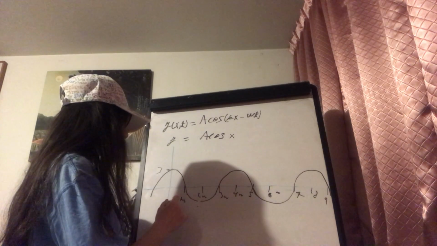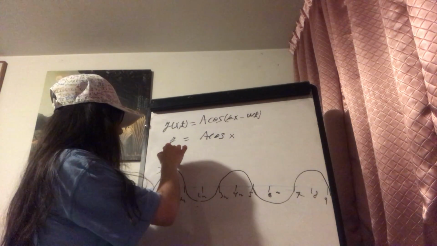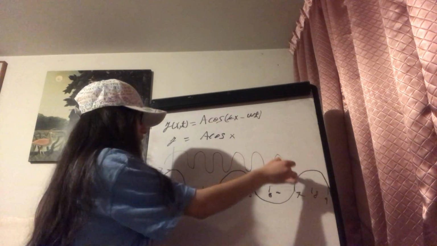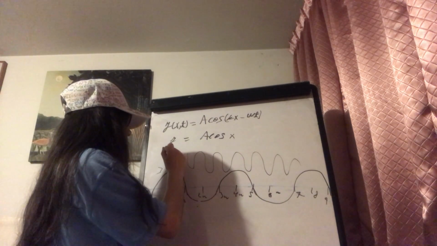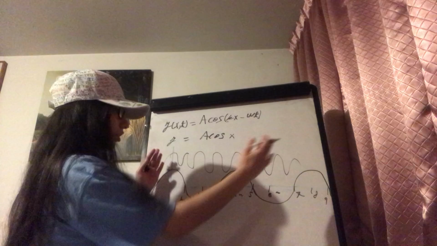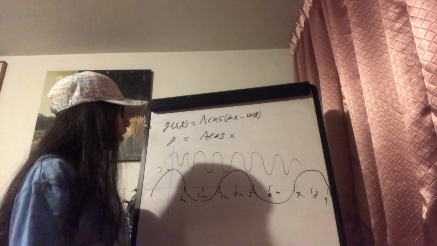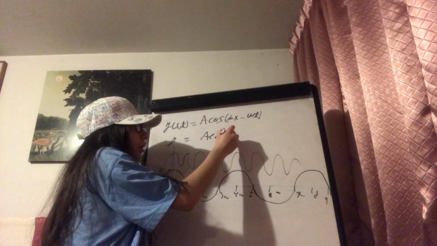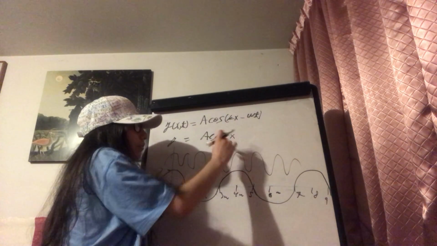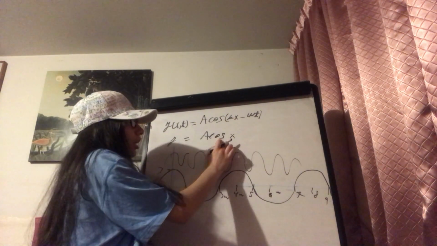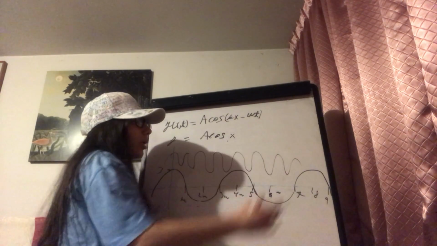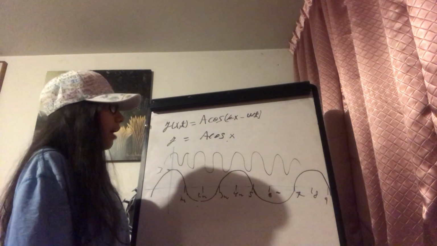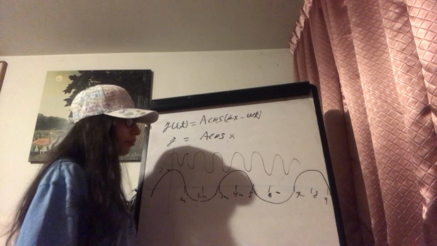I have something like this. So I compress this, so it would be a cosine of, here I would have a larger number. Like, if I compress this, that means that here I have cosine of, for example, 2x or 3x. If I expanded it, it would be a cosine of half of x, something like that.